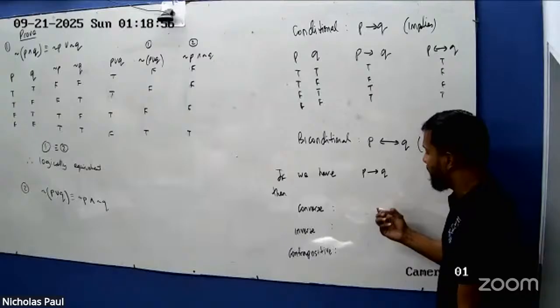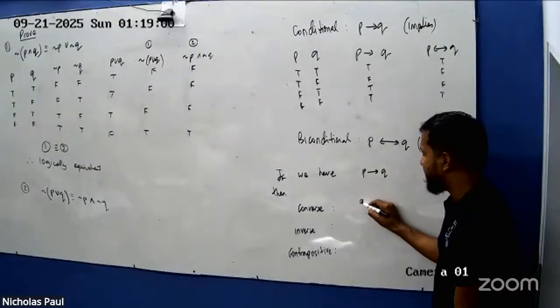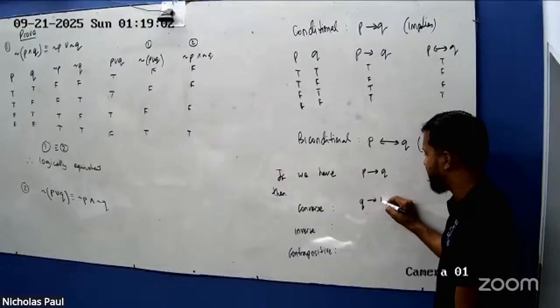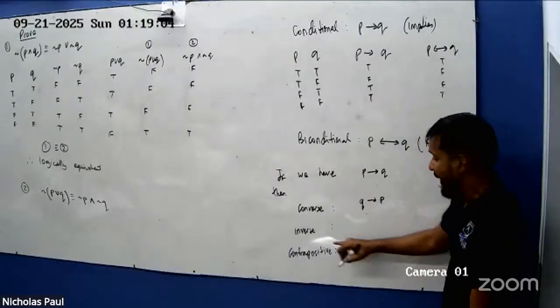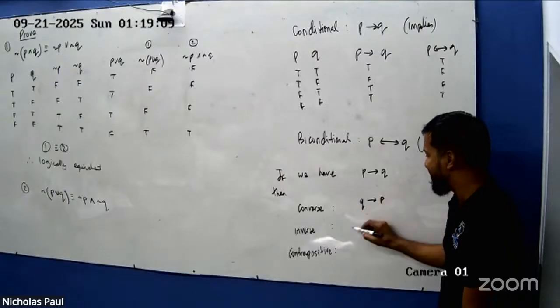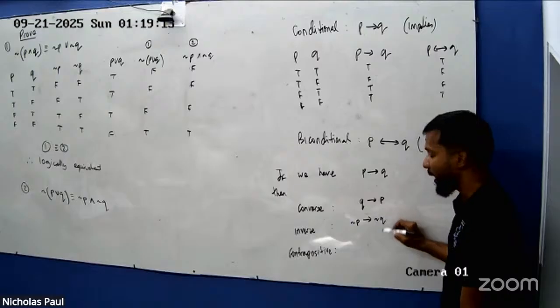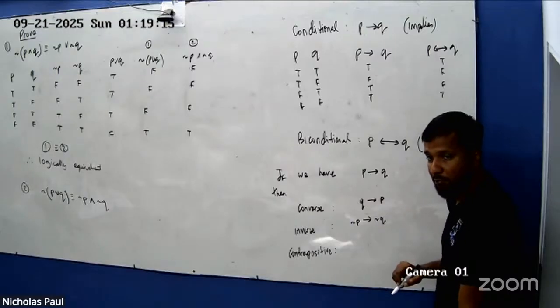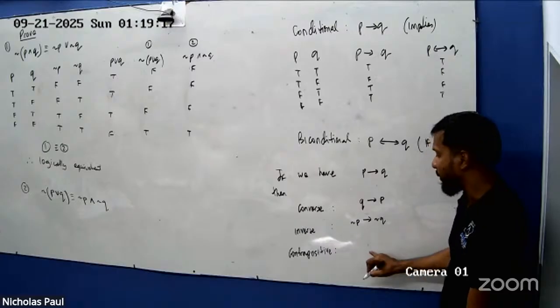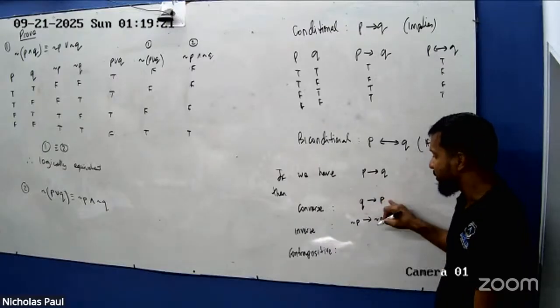So if I said what's the converse of P implies Q, converse is Q implies P. Inverse of this statement is just negating the P and the Q right where they are. That's okay? And last one, contrapositive is when you converse the inverse.